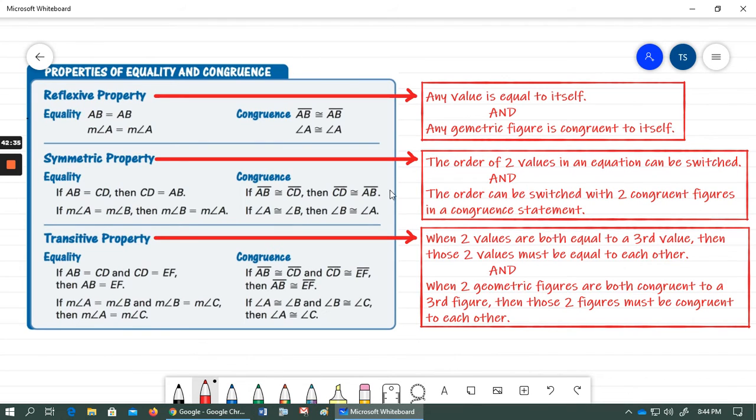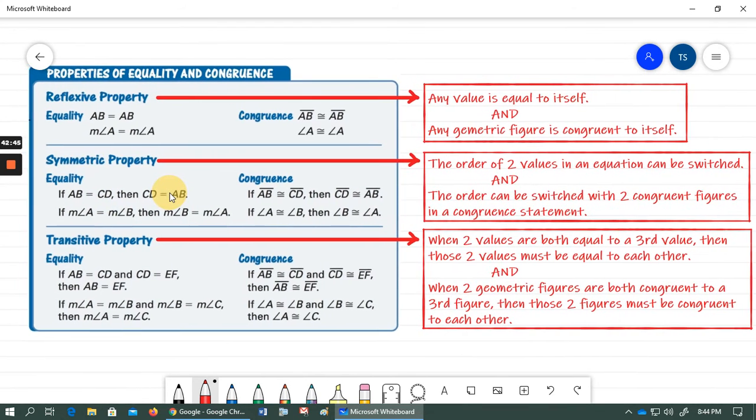Symmetric property, again, folks, it can either be a property of equality or a property of congruence. You can see the equations that are written there with the algebraic expressions, and you can see the congruent statements that are written there with the algebraic expressions.